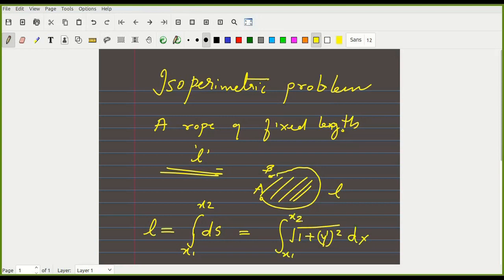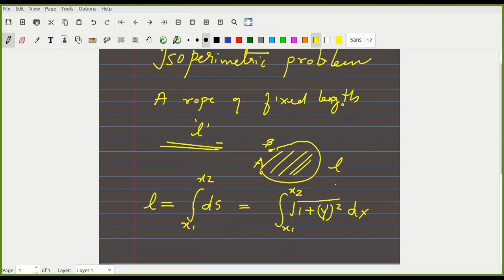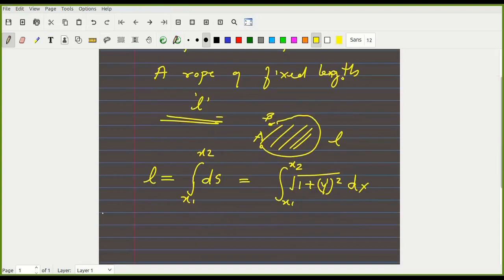Now this is in standard form, which we know the arc length formula is root of 1 plus y dash whole square dx. So that means implicitly we are understanding that y is equal to f of x is the plane curve which is giving this shape, right?